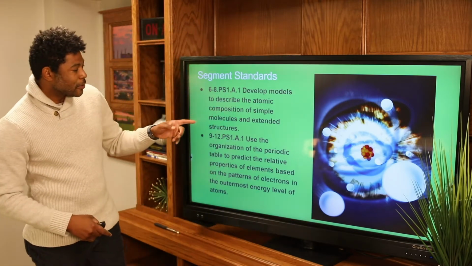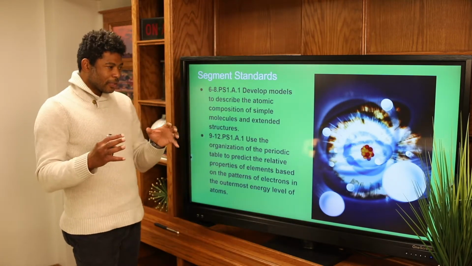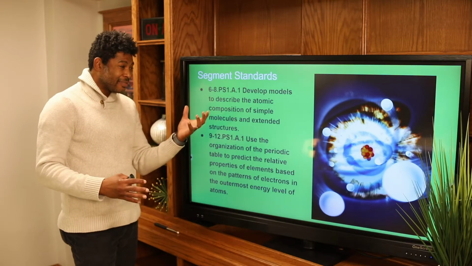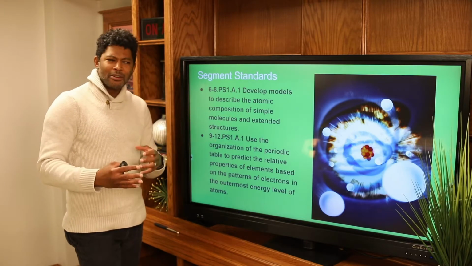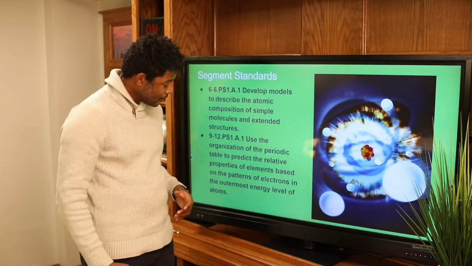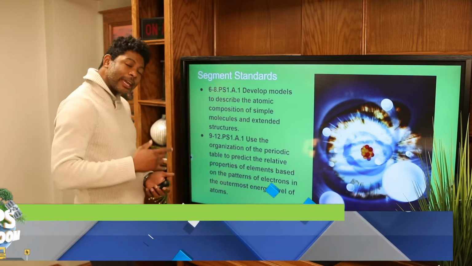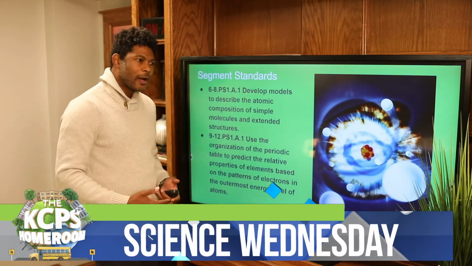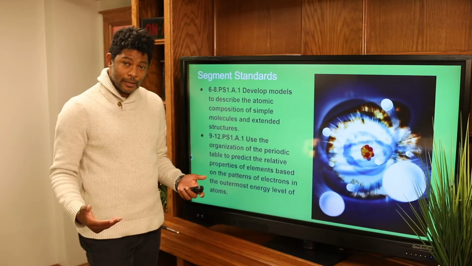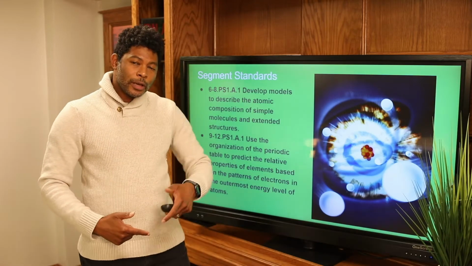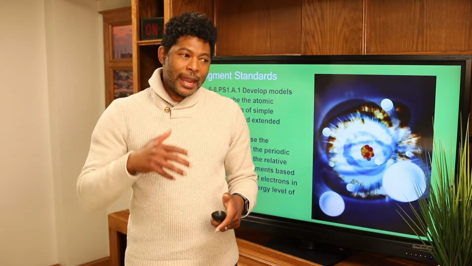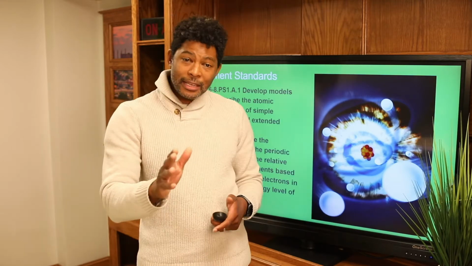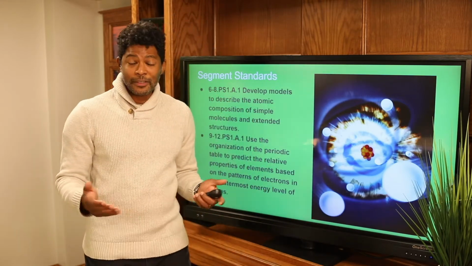In this standard, we're talking about molecules and really atoms and the model of an atom. Meaning, okay, what does an atom look like? In this part of the standard, we're taking it one step further and saying, okay, well, how are atoms organized? So in this segment, we're going to be talking about atoms and how that will then lead into our discussion about life on this planet.